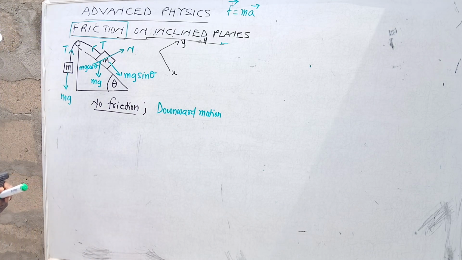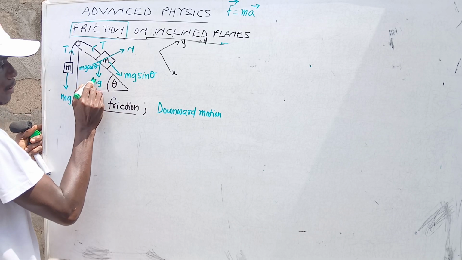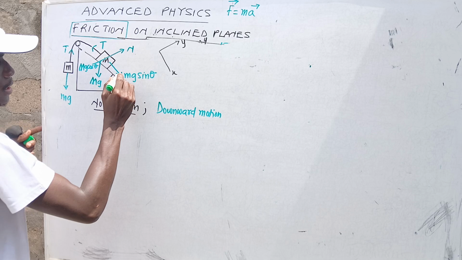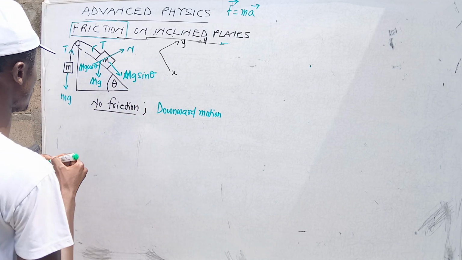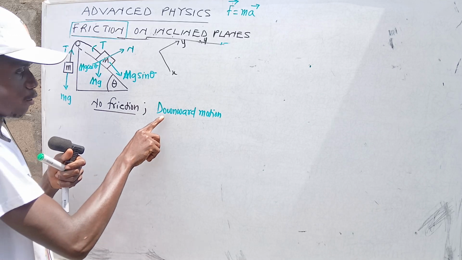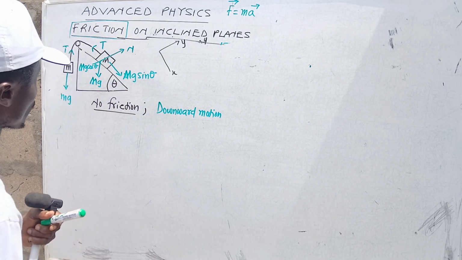So we have mg, this is capital M. This is also capital M, g cos theta. This is capital M, g sine theta. But this is a small mg. Now, when the object starts moving downwards, let's see the dynamical equations that we can write.